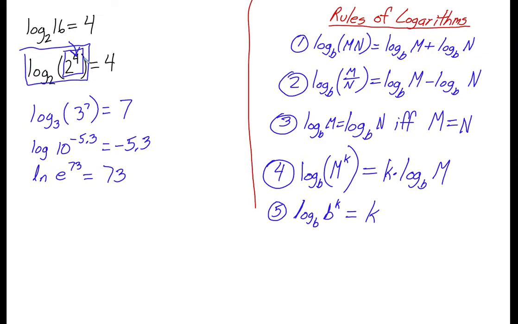Well, then I darn well better get the 4 back out, because that's what an inverse function does. And that's all that this is really saying. I'll write it down as a new rule, but all this is really saying is the logarithm is the inverse of the exponential function.